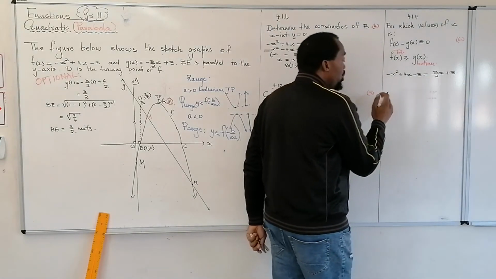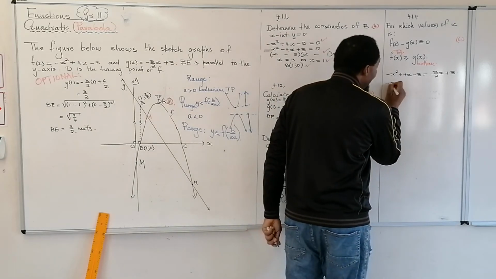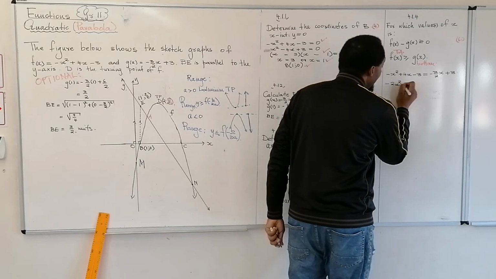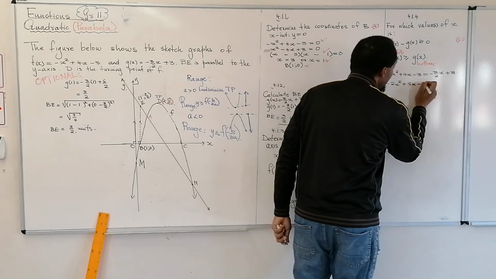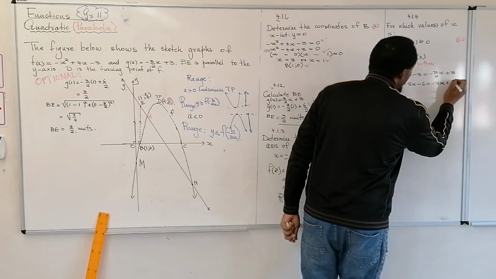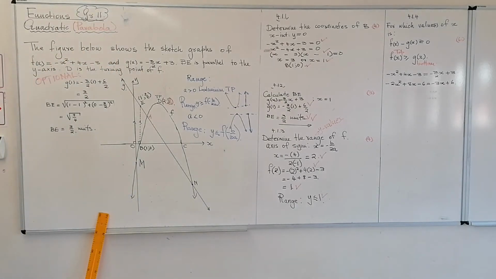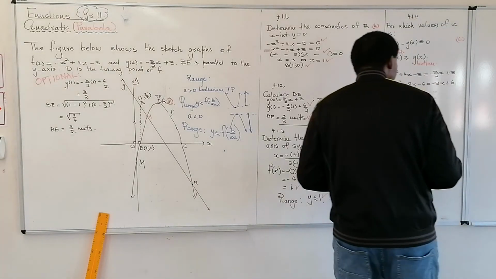That is why I'm going to multiply throughout by 2. When I do that, I get minus 2x squared plus 8x minus 6, which is equal to minus 3x plus 6. I have multiplied throughout by 2 to get rid of a fraction so that I can work this out. But if you are happy with fractions, it is not a problem.